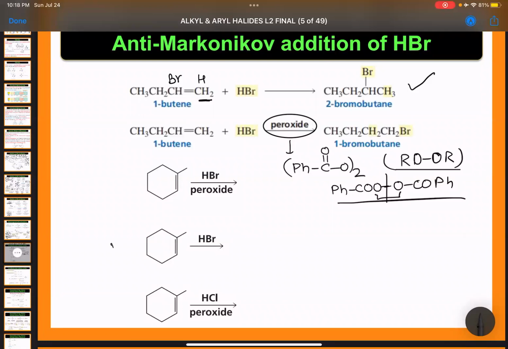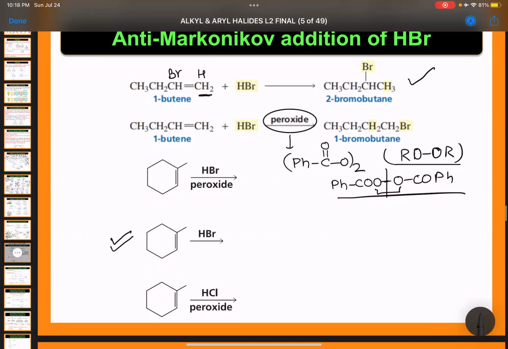So let's start with this question, which is the normal addition of HBr. It is Markovnikov addition. H plus is going to attach on this side.